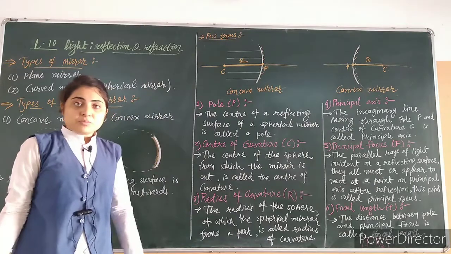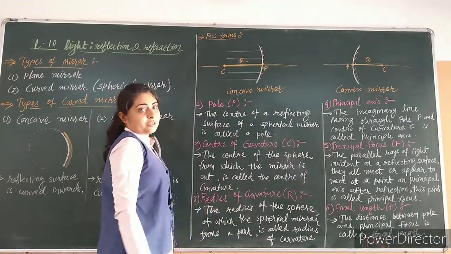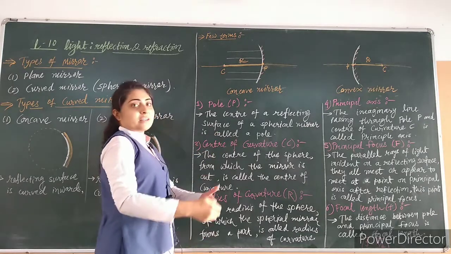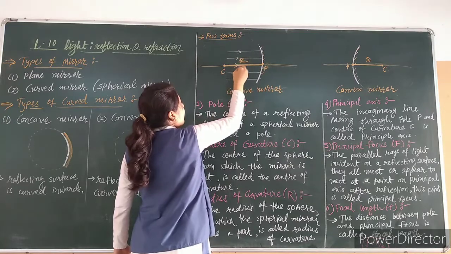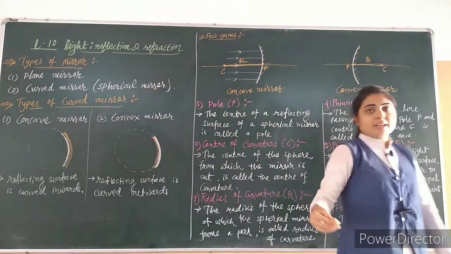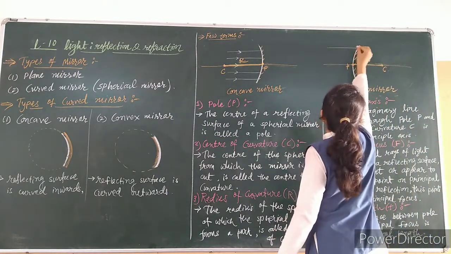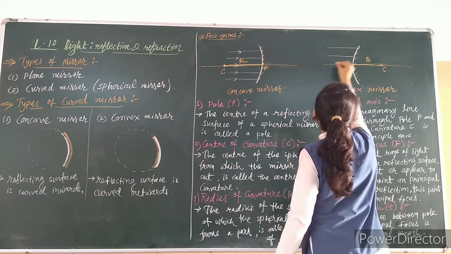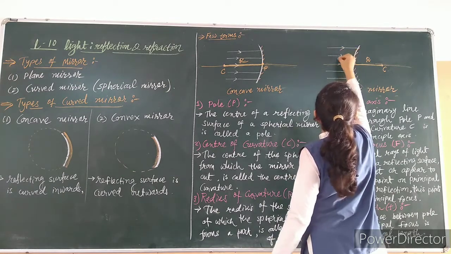For concave mirror, the reflecting surface is inward, and for convex mirror, the reflecting surface is outward. So the rays are incident only on the reflecting surface of the mirror.